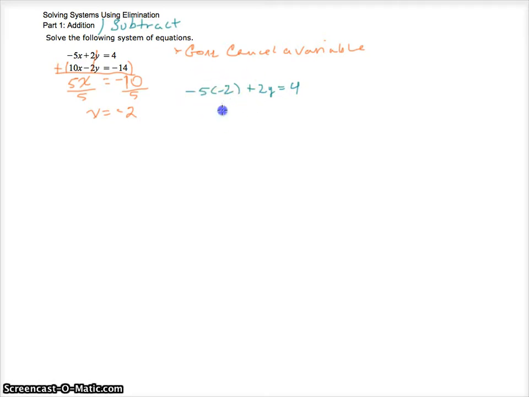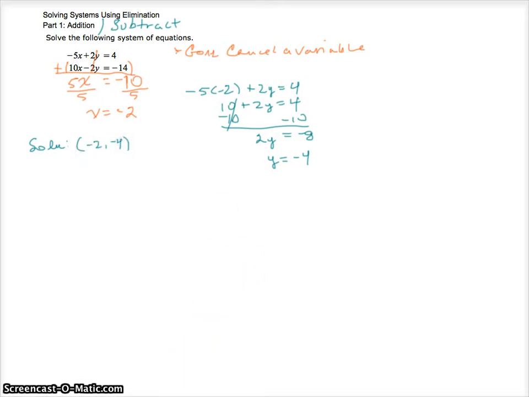Negative 5 times negative 2 is 10 plus 2y equals 4. I'm going to subtract 10 from both sides. And I get 2y equals negative 8, y equals negative 4. So my solution is negative 2, negative 4.